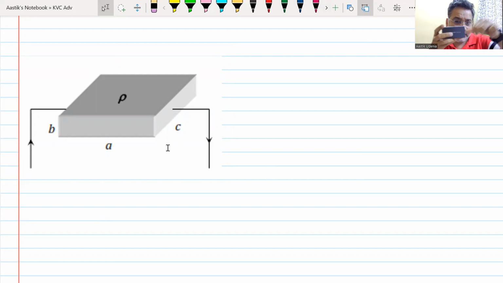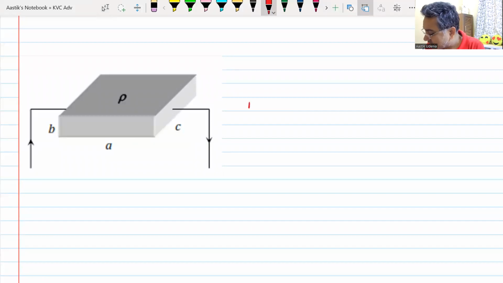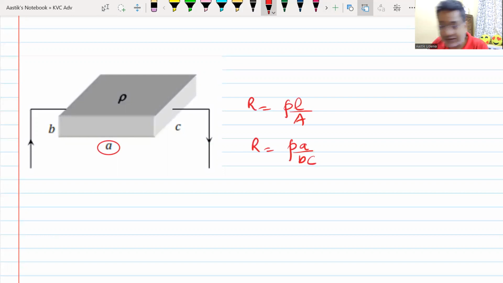Now I've connected one end here and the other end here. What is the resistance of this conductor now? I'll give you 2 minutes to give me the answer. In this case, the resistance is always equal to rho L by A. Here the length will be A and the area of cross section would be BC. So the resistance in this case will be rho A by BC. Do we understand this? Yes, sir.